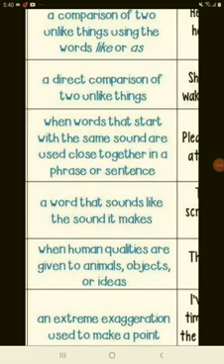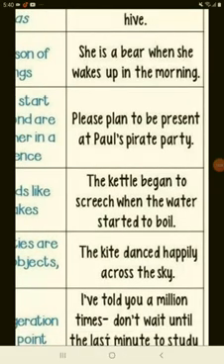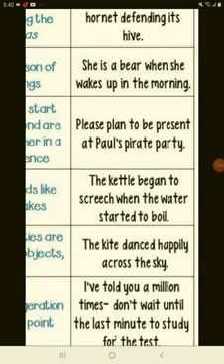Now that is not possible, however, if you look at this: the kite danced happily across the sky. Humans dance happily, but not a kite. But still here, the kite is dancing happily across the sky. So here we transfer the human qualities onto an inanimate object, which is a kite.